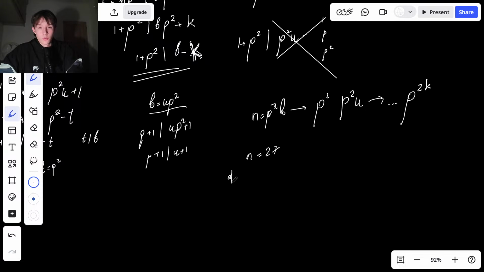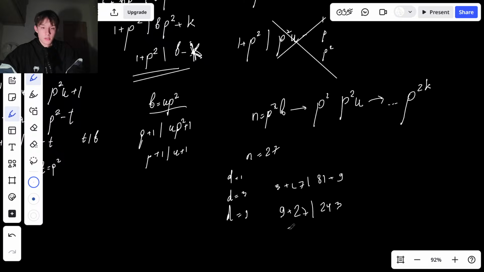So d equals 1 works, d equals 3. 3 plus 1 divides n plus 1, and d equals 9. So here it's like 3 plus 27 should divide 81 plus 9. And then for d equals 9, we get 9 plus 27 should divide 243.